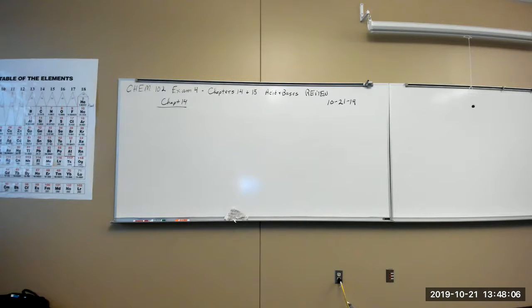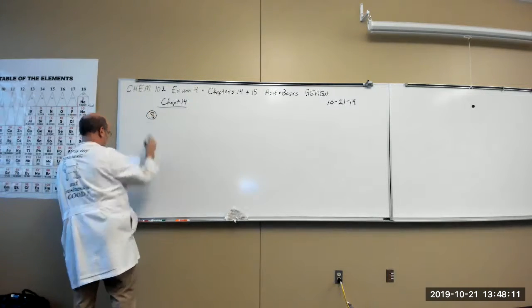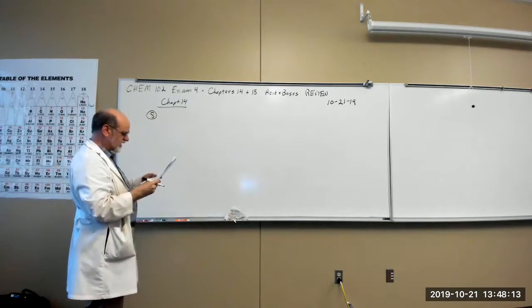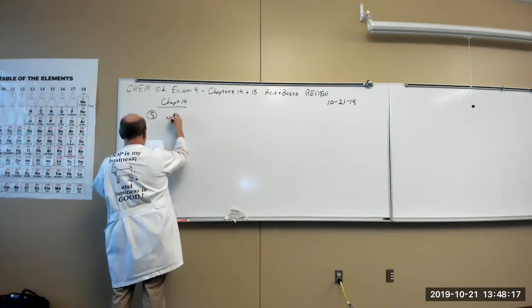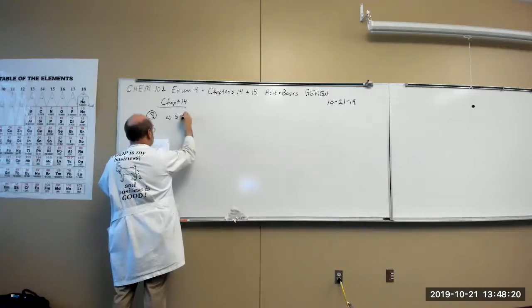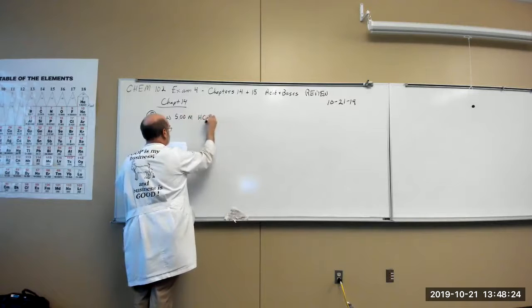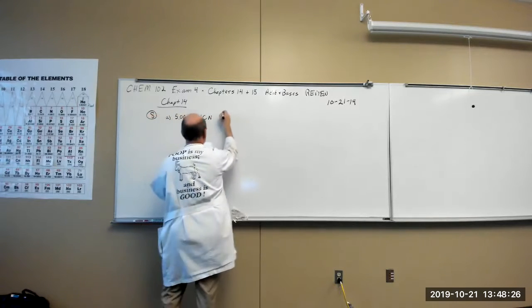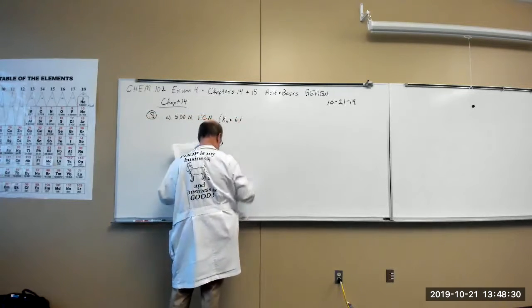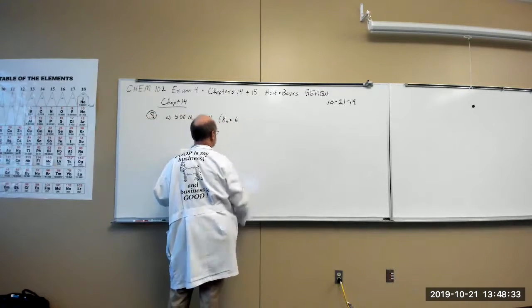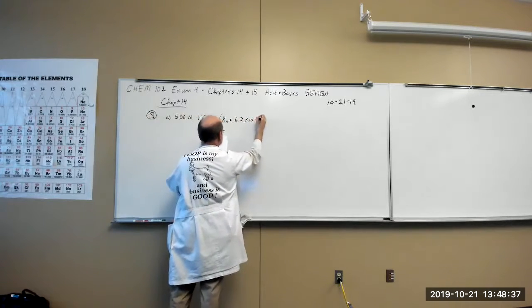About 8. Which of the following solutions contains the strongest acid? So this is 5 molar HCl, and its Ka equals 6.2 times 10 to the minus 10th.